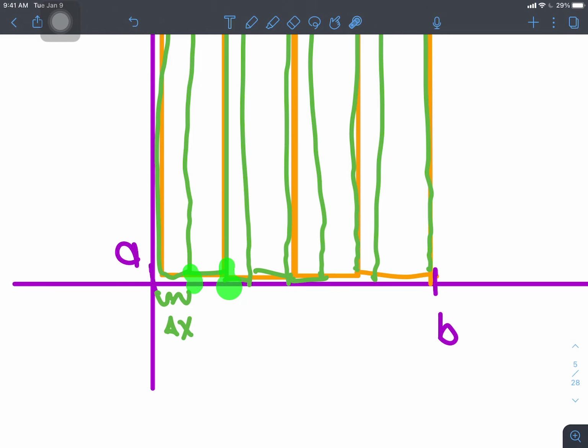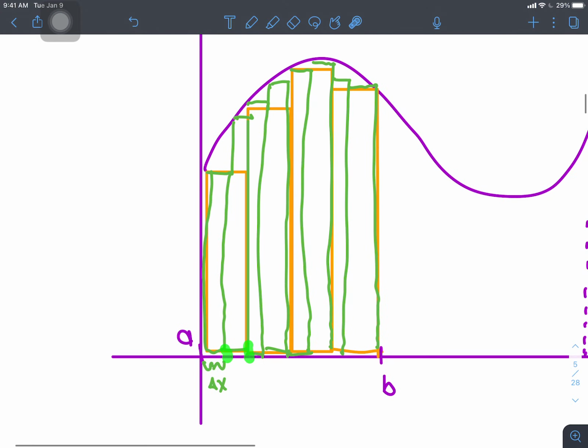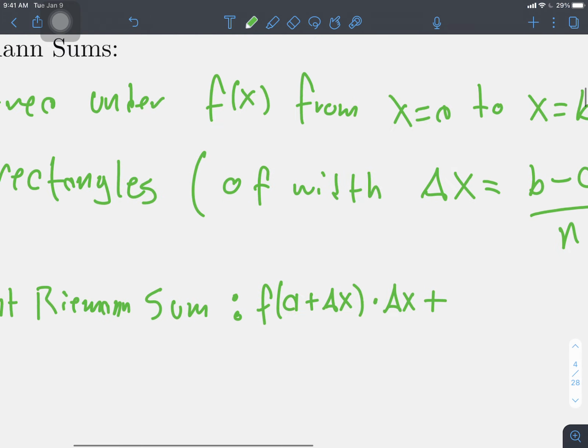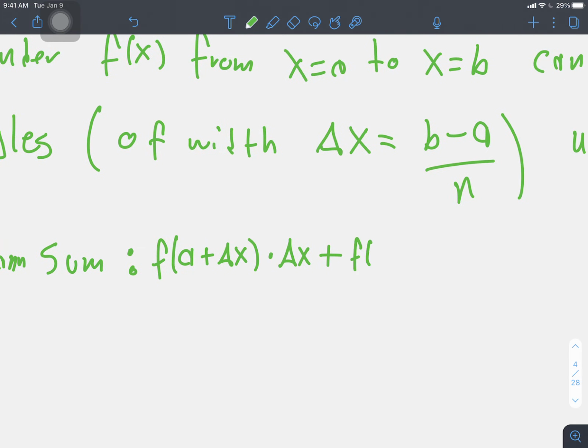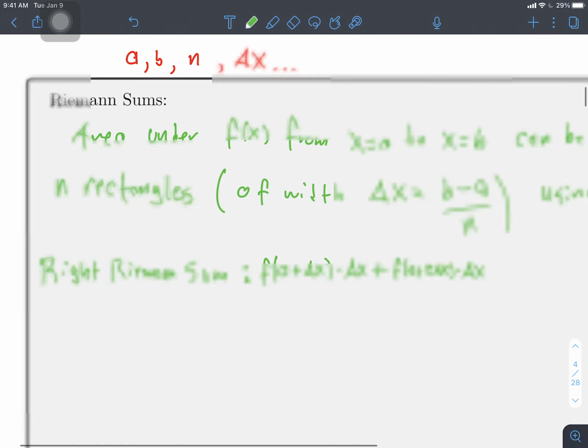And we take again the height of that rectangle to be the height of the function on the right side of that subinterval, which will be f of a plus 2 delta x. So now we go plus f of a plus 2 delta x. That's the height of the second rectangle, and the width of the second rectangle is the same as all the others, delta x again.